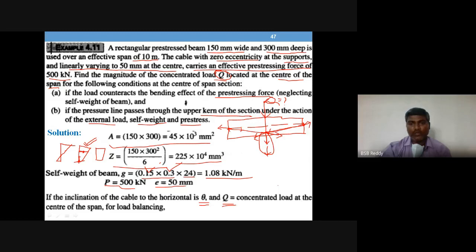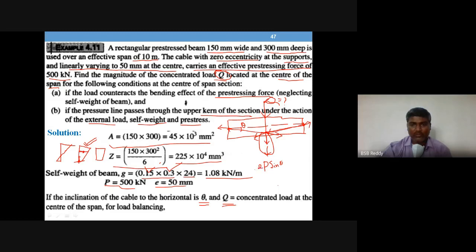So there are two such forces acting vertically, two components. So those two components, you shall be working out like components of a force. So this is theta. So horizontal component is cos theta, vertical component is sin theta. So there is vertical component called 2P sin theta. So that is equal to, there are two such things.